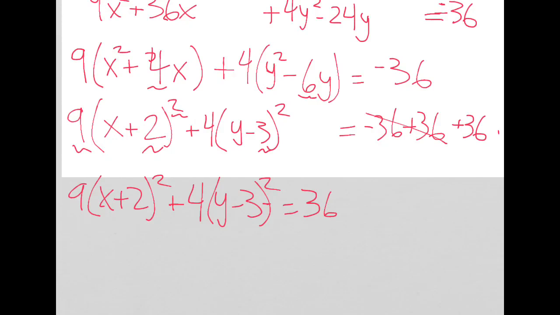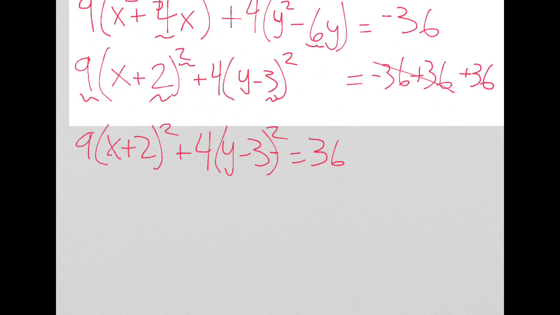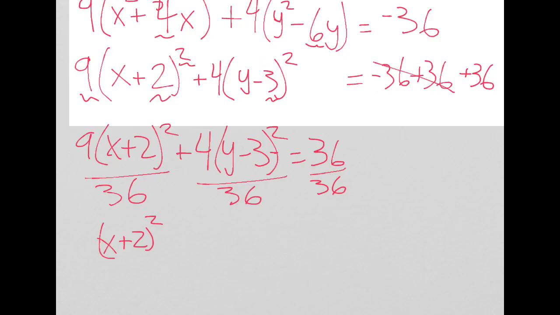But this is not conic form. Conic form needs to be equal to 1. And so I'm going to divide everything by 36, just like that. And then 9 divided by 36, well, what do you know? It is 1/4. So I get x plus 2 squared over 4, plus 4 divided by 36, hey, what do you know?